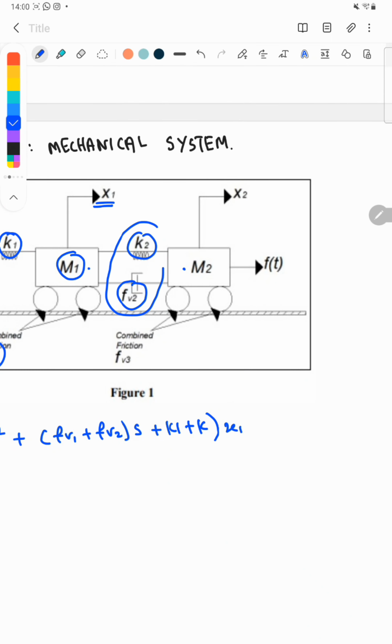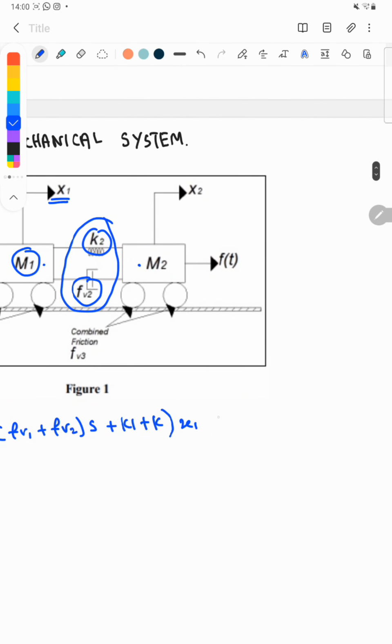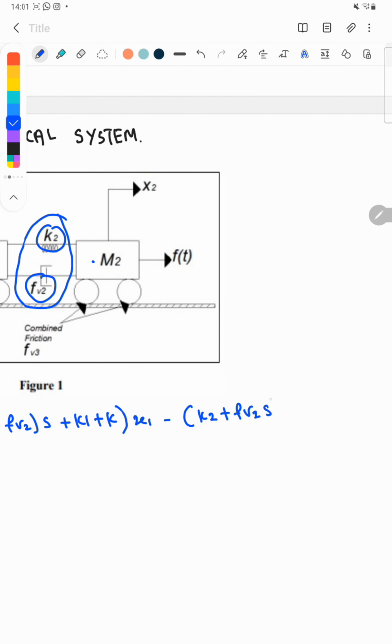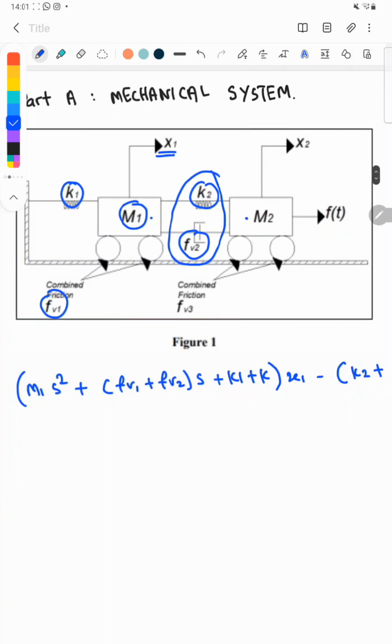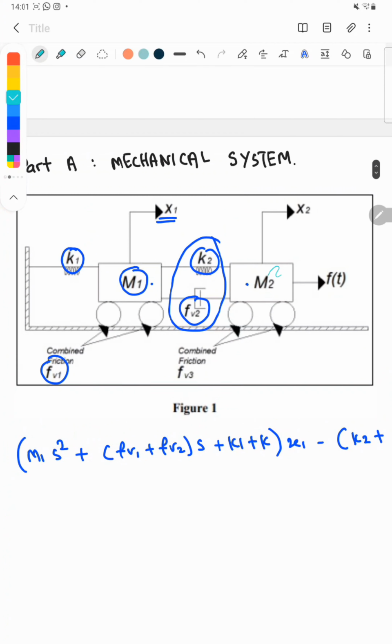Is K2 and FV2. At M2, the connections will be K2, FV2, FV3 at loop X2.